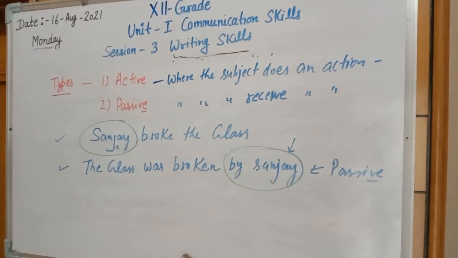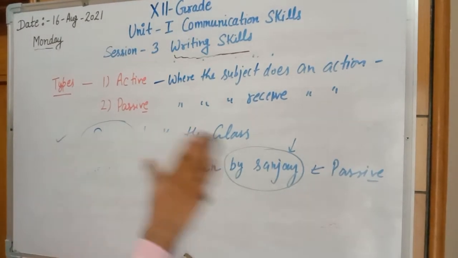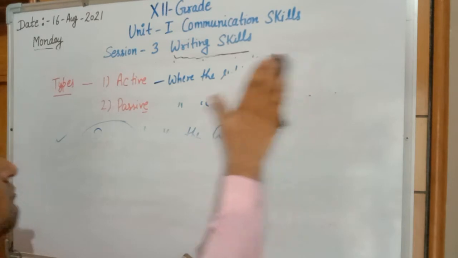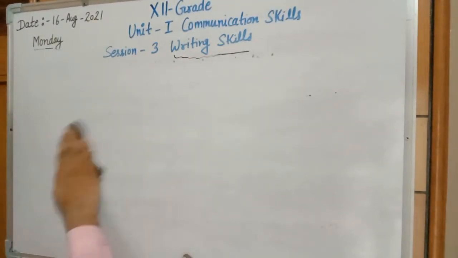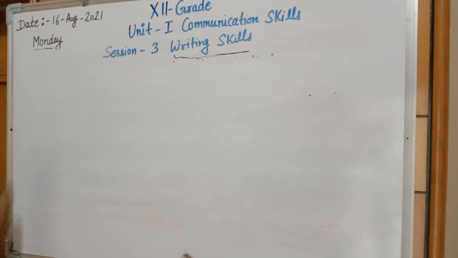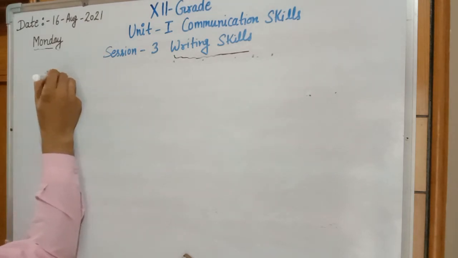Now next part is types of sentence on the basis of different statements. A sentence can be of 4 types on the basis of different statements. One is declarative.